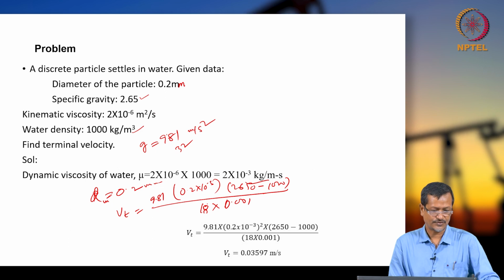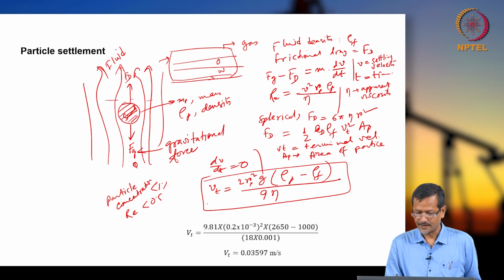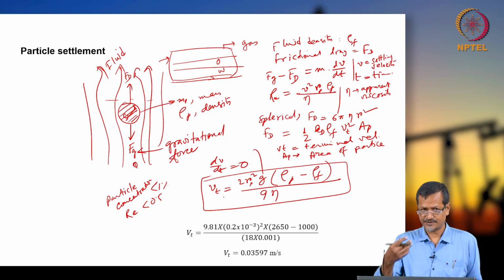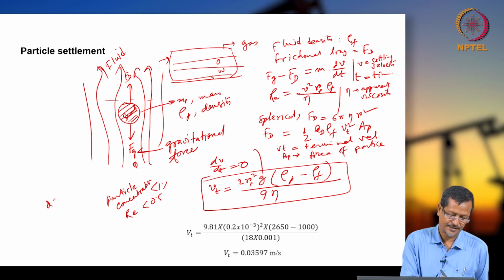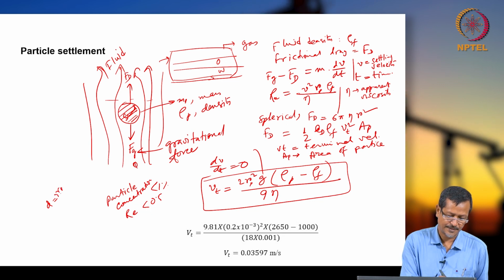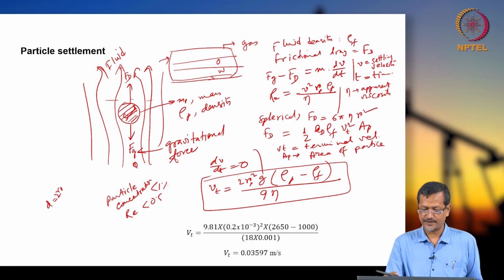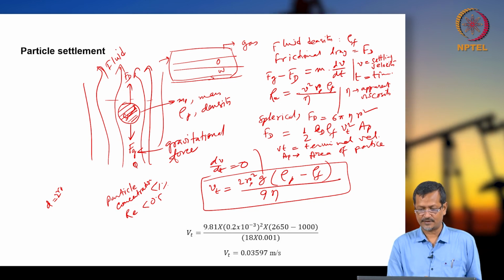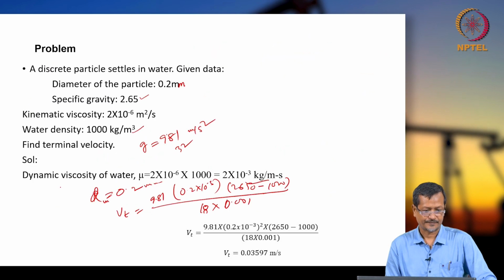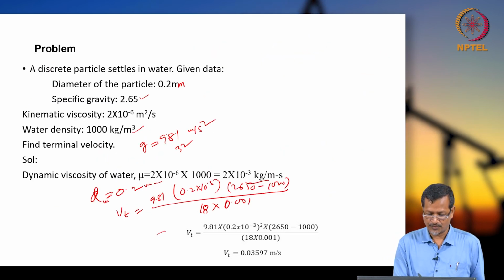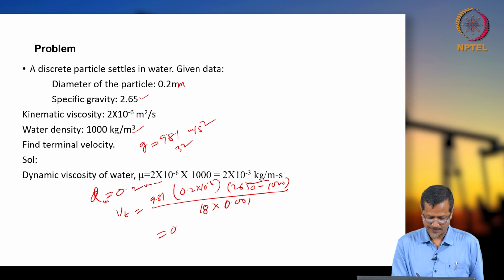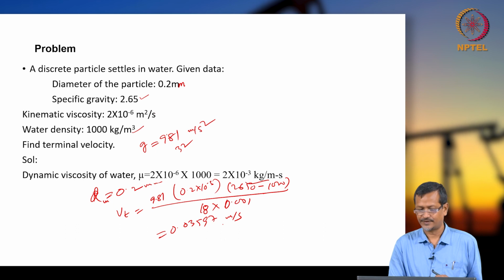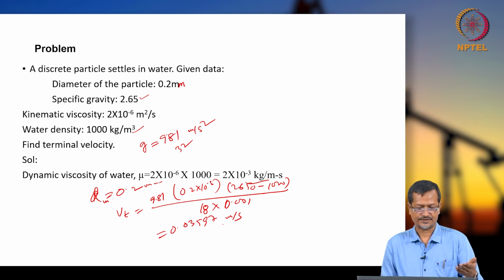Why is 18 coming? If you see the previous slide, this is 2 rp squared by 9. If we put rp in diameter form, d equals 2 rp, so a 4 term will be coming. With 2 and 9 there, finally 18 will come at the bottom. So altogether, your result will be 0.03597 meter per second.